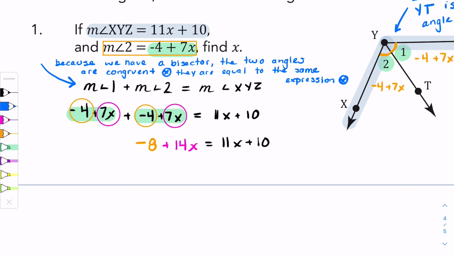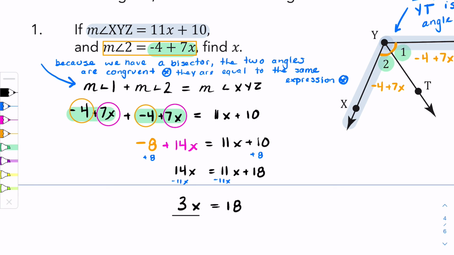I am going to add 8 to both sides, leaving me with 14x is equal to 11x plus 18. And then I'm going to subtract 11x from both sides, leaving me with 3x is equal to 18.